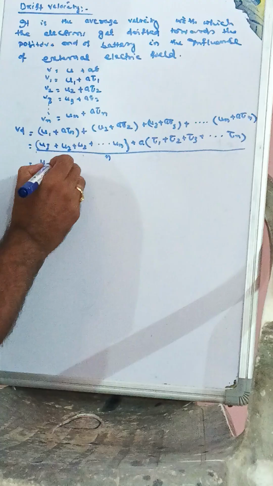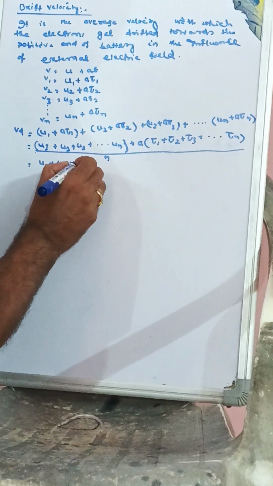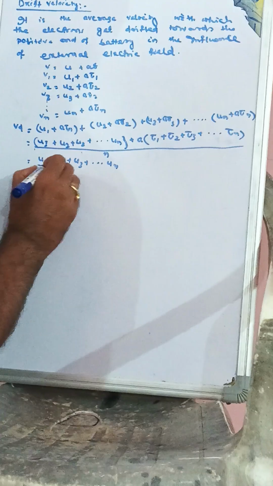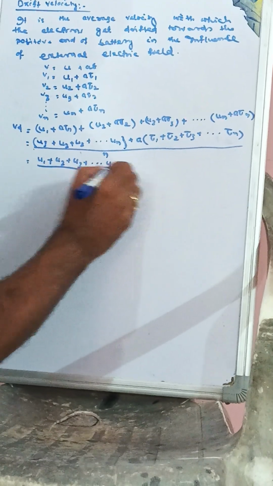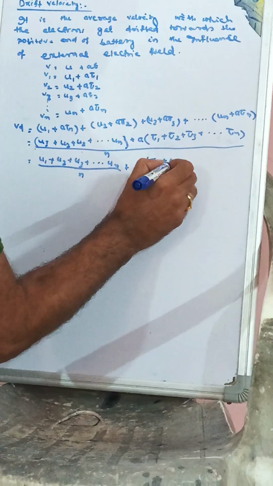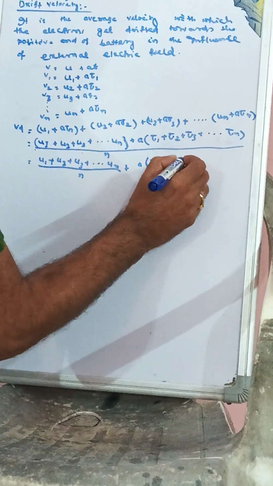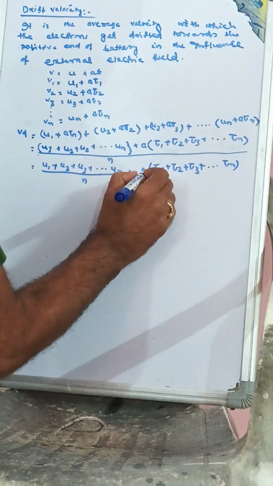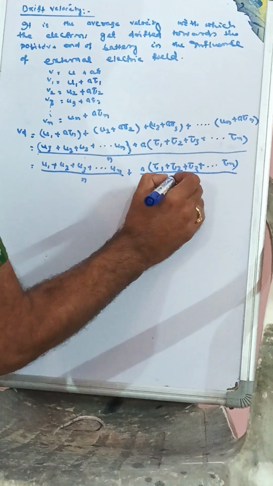Then U1 plus U2 plus U3 up to Un divided by n plus A tau 1 plus tau 2 plus tau 3 up to tau n divided by n.